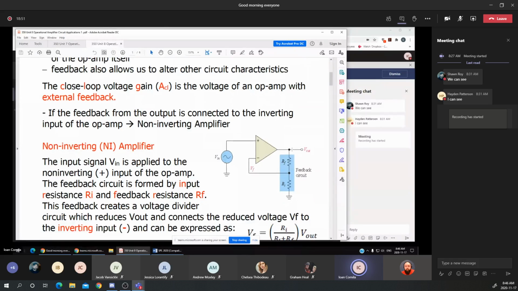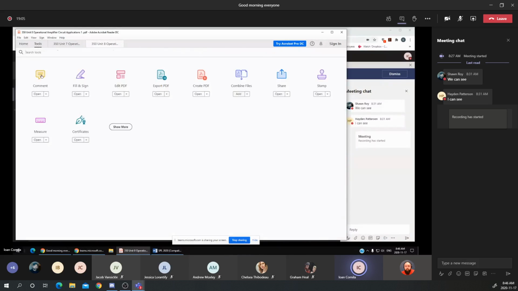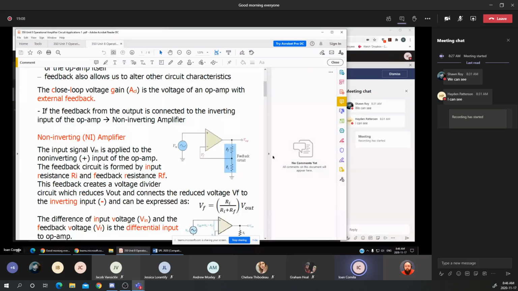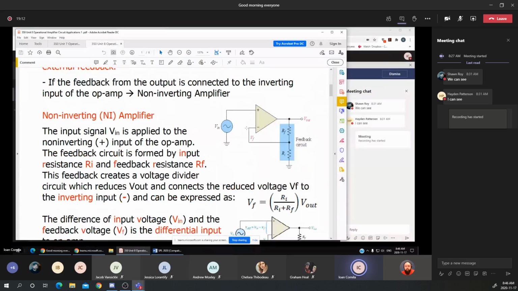Now, if a portion or a fraction of the output voltage is returned to the negative or the inverting input, you notice in this diagram, let's try to use the tools in this diagram, a portion of the output voltage is returned to the inverting input, or the negative input.